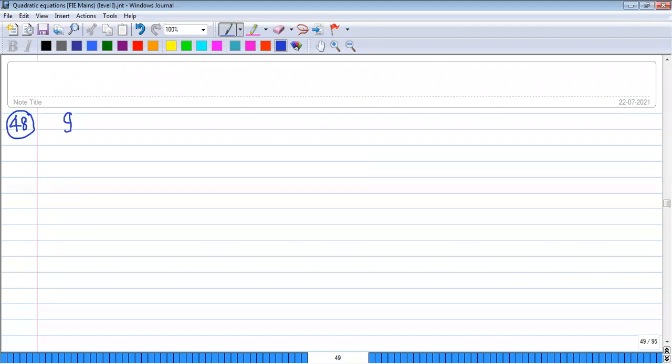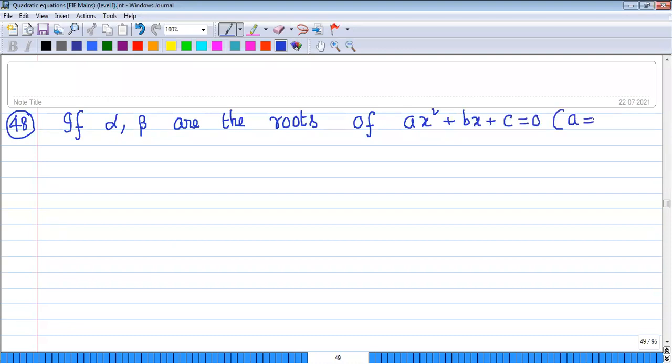If alpha comma beta are the roots of ax square plus bx plus c equals to 0, a does not equal to 0, then alpha beta square plus alpha square beta plus alpha beta equals: first option, c times (a minus b) upon a square.